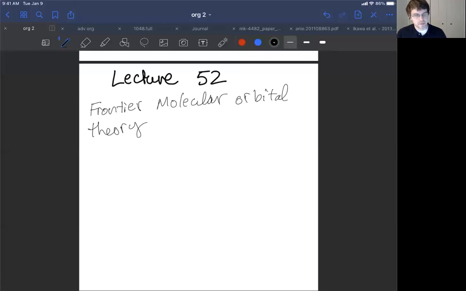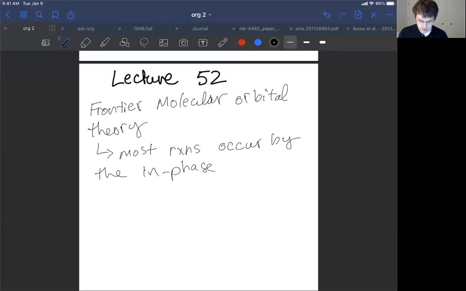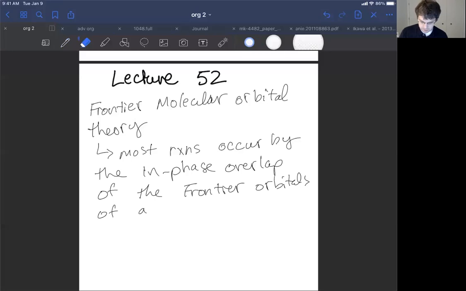And in this theory, what we do is we say that most reactions occur by the in-phase overlap of the frontier orbitals of reactants.